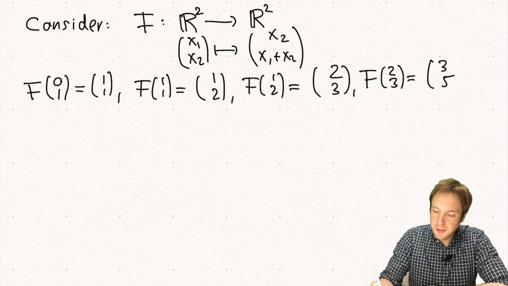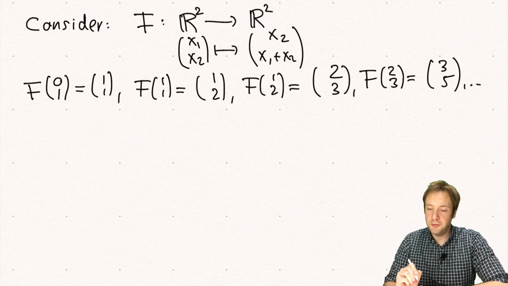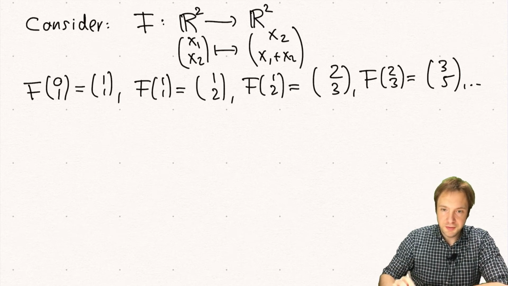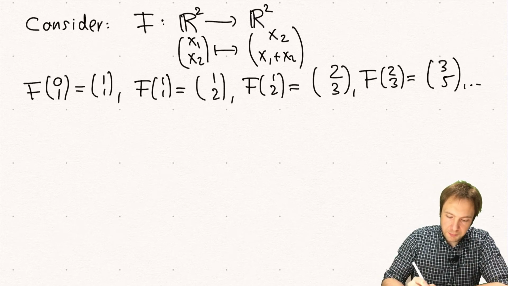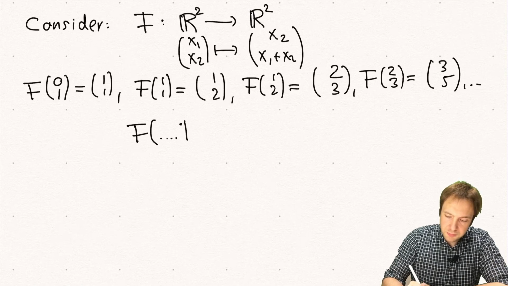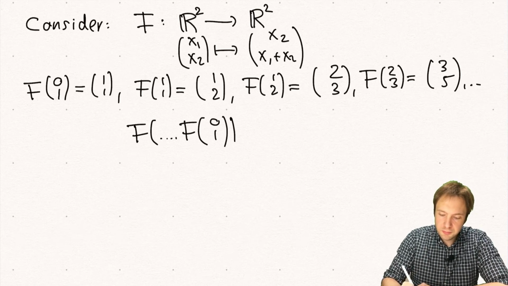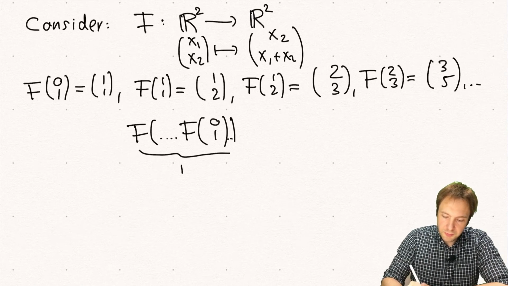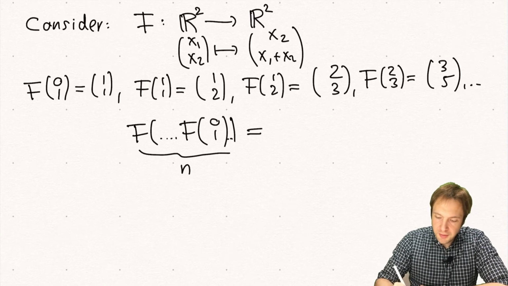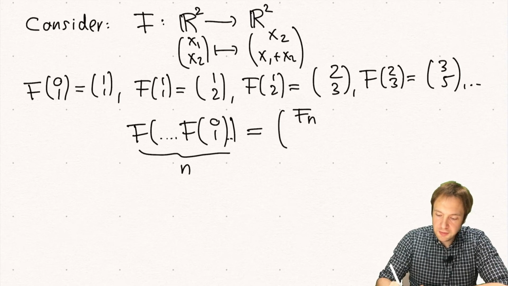It's 3 and 5. And so on. And you see that in general, if I apply f n times to this vector 0, 1, so if I do it n times, then the vector I get is exactly fn and fn plus 1.